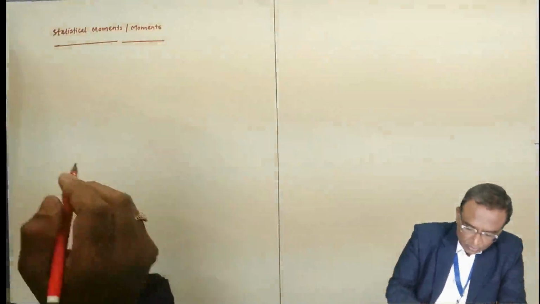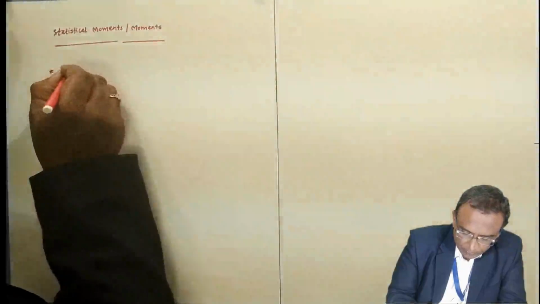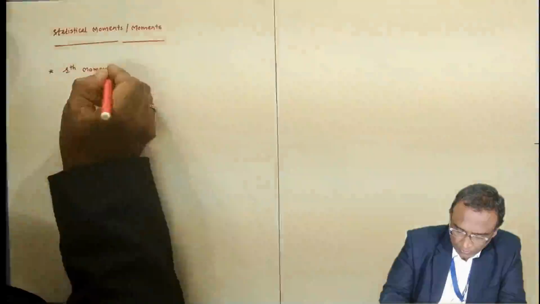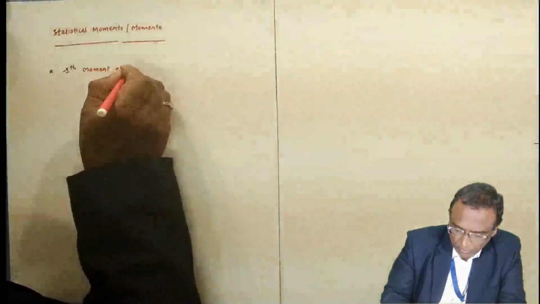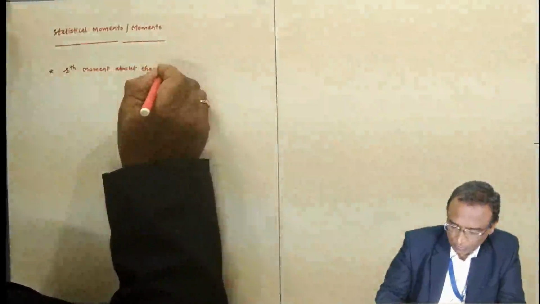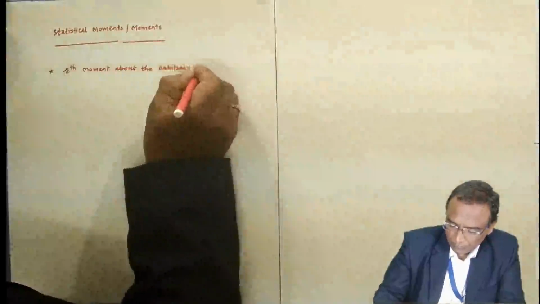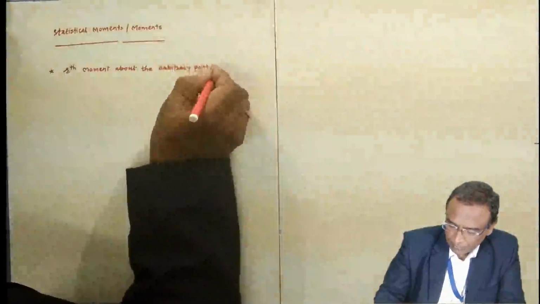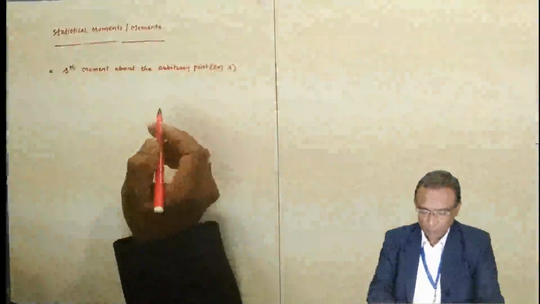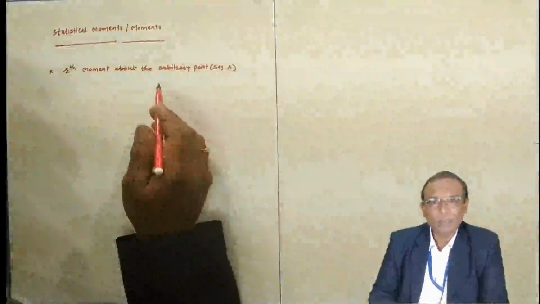The rth moment about the arbitrary point, say A. A is the arbitrary point. This moment about the arbitrary point is also called the moment about the working mean.